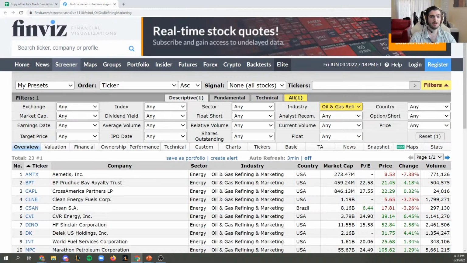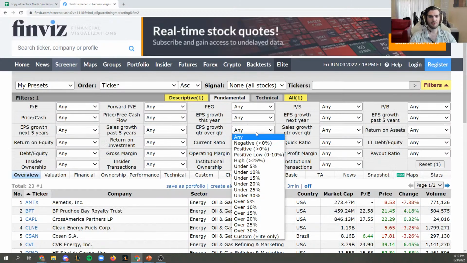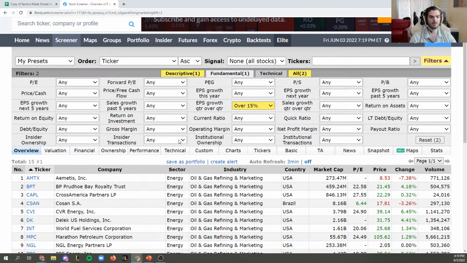So we can click here, and now we get 23 companies. That's still a little bit more than I would like for making an easy decision. So we need to narrow things down a little bit more. Let's just put in some fundamental analysis stuff. EPS growth quarter over quarter.